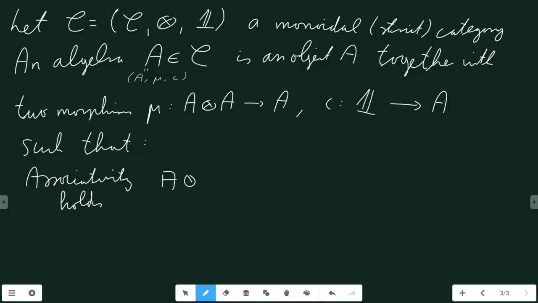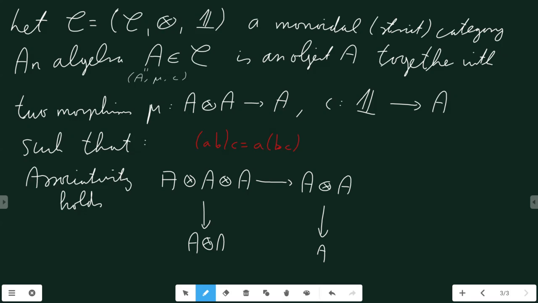So usually we would write something like (AB)C equals A(BC), but I don't know what elements are in the category, so let me try to write this in a diagram. So what can I do? Well, look at this equation. Let me put this one here, and let me put this one here.